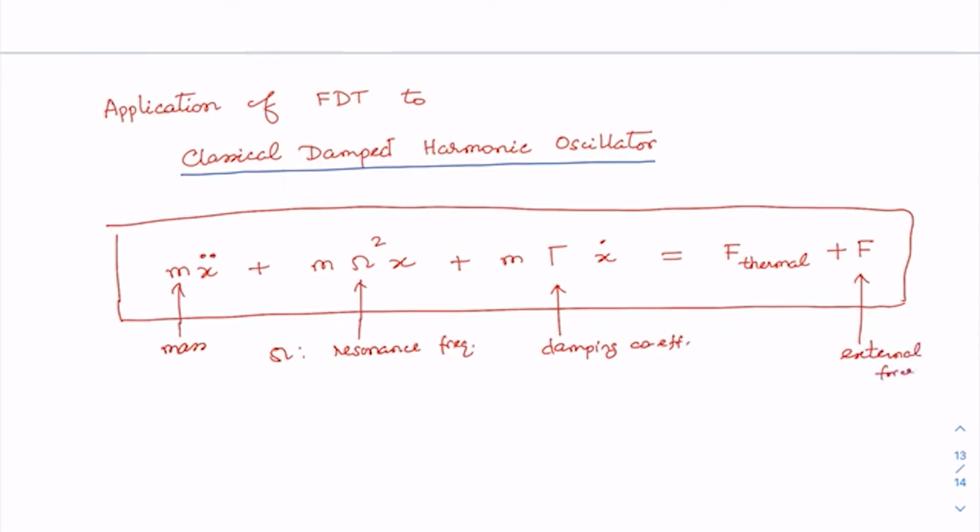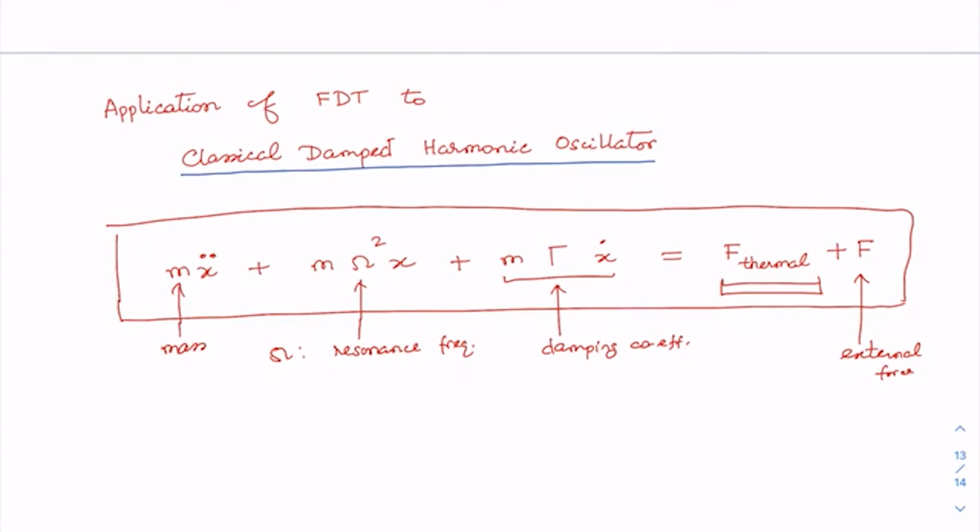And F thermal: even if there is no external force, in thermal equilibrium, you can also get the hint from the presence of this damping term, there is always some kind of a thermal environment, and this thermal environment is quantified by this term F thermal. Now the idea in defining susceptibility is to look at the average response of the harmonic oscillator.